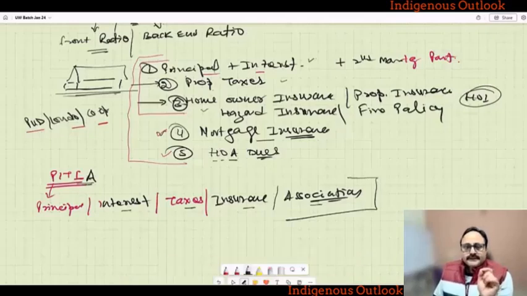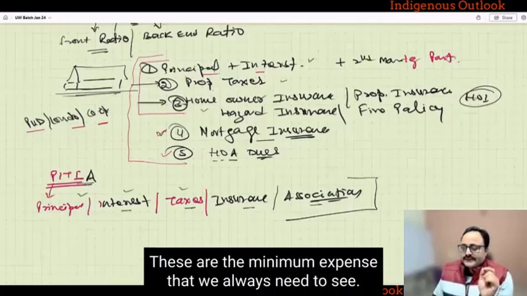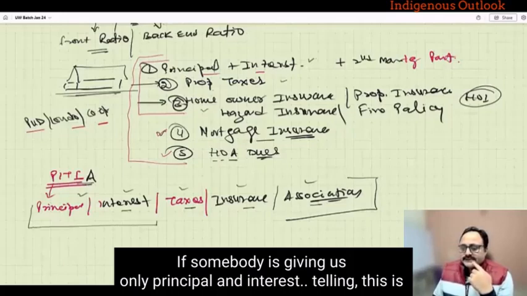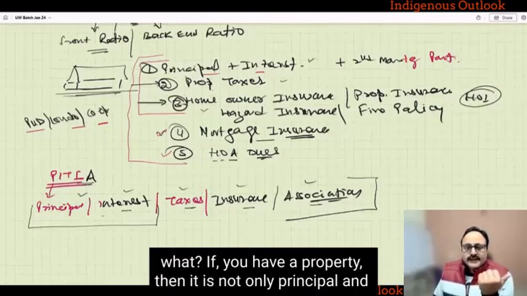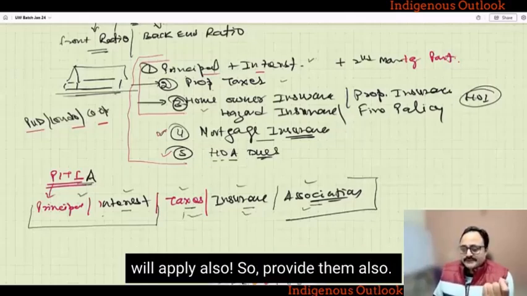Whenever we consider any property's expense, these are the minimum expenses that we always need to see. If somebody gives us only principal and interest as their mortgage payment, we also need to check: if you have a property, then it is not only principal and interest, but taxes, insurance and association dues will also apply. So provide them also.